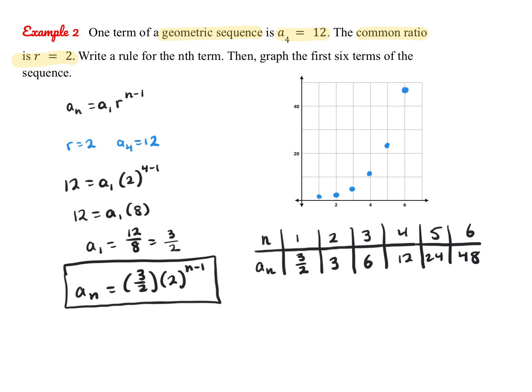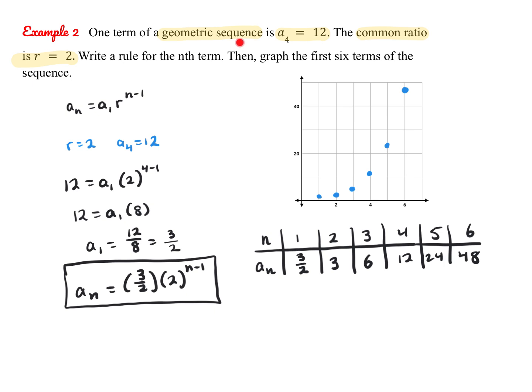There we go. So if you look at the general shape that these terms make when we plot them, you'll see it actually looks like a function we've worked with before. These look like exponential functions. So when something grows by multiplying by the same number each time, that is the definition of exponential growth.